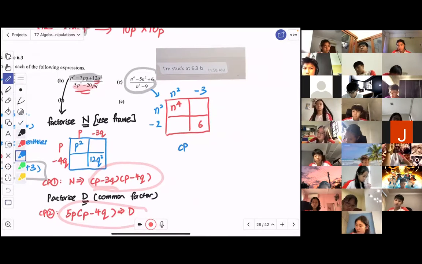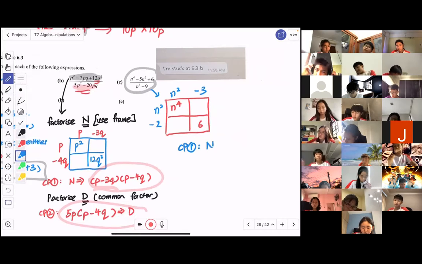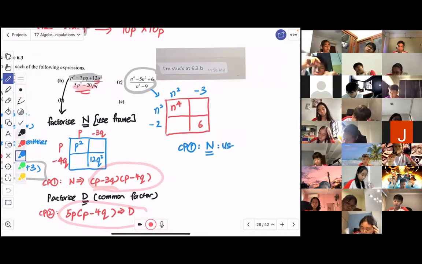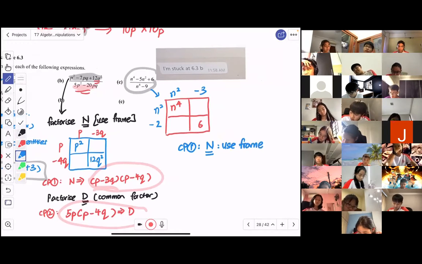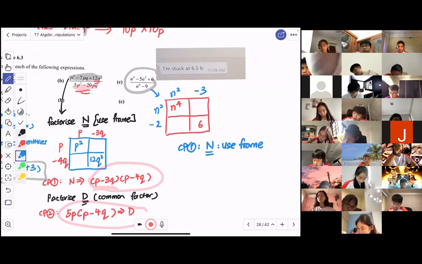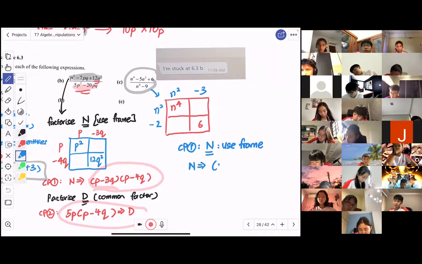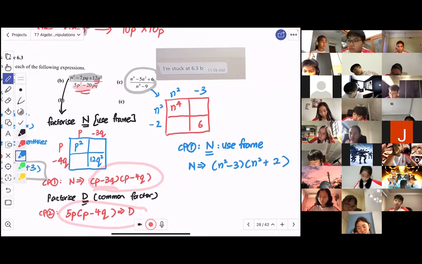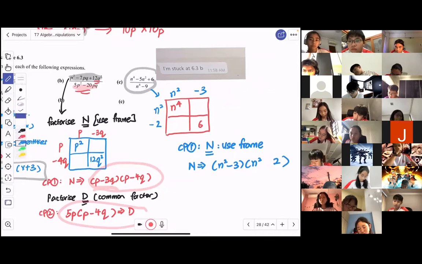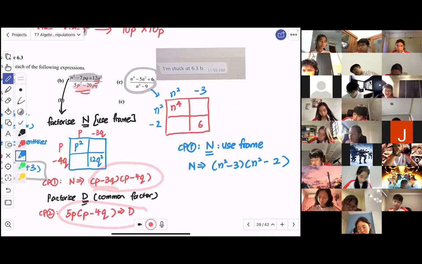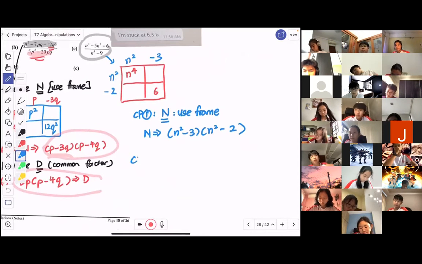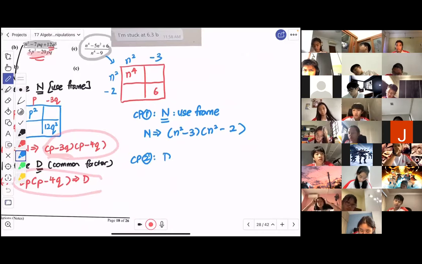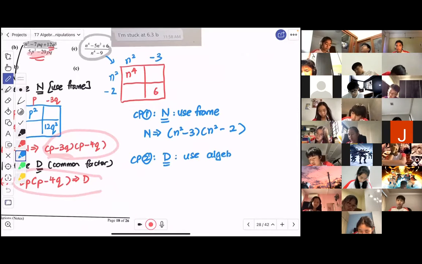Checkpoint one. Try to show that your numerator, using frame, looks like this: n square minus 3 bracket n square minus 2. Checkpoint two, for your denominator, you use an algebraic identity.